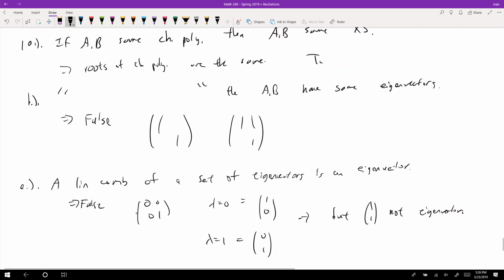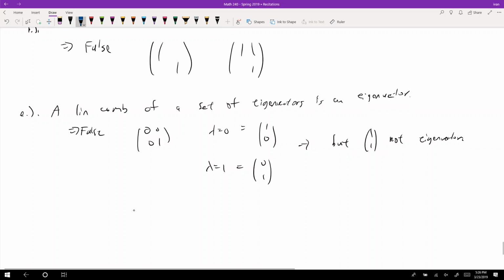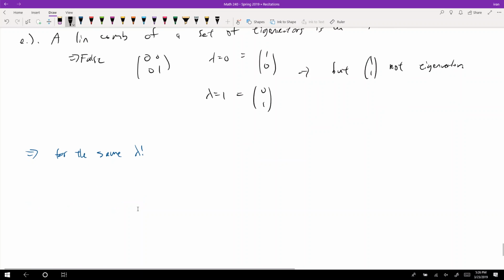If they have the same eigenvalue, and the problem asks about a linear combination of a set of eigenvectors for the same eigenvalue, let's say that v1 through vn are the eigenvectors for some lambda.